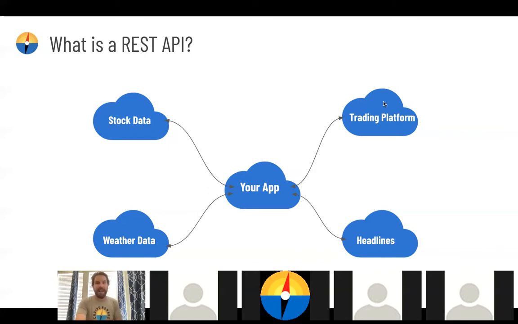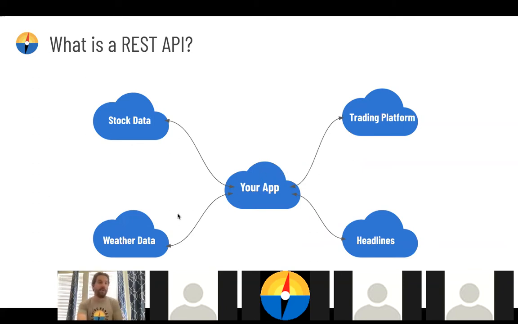And then you're also going to execute trades on a given trading platform, right? The way that we do this, for the most part, and there are some exceptions, but the vast majority of applications these days, is via RESTful APIs. So my application will make a RESTful API request to get headlines, let's say from any number of news services. They all have RESTful APIs that they offer.